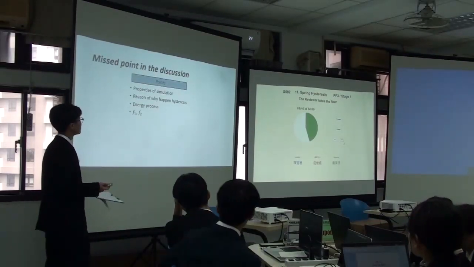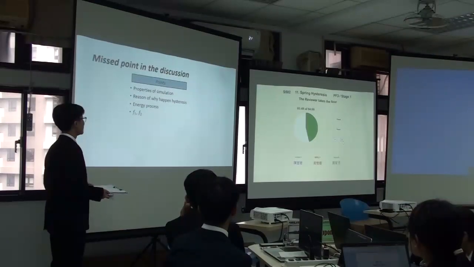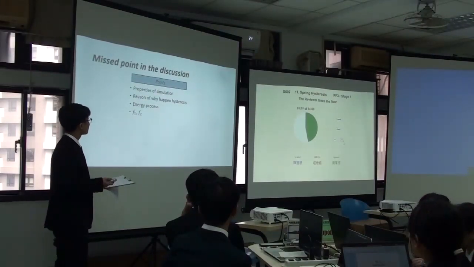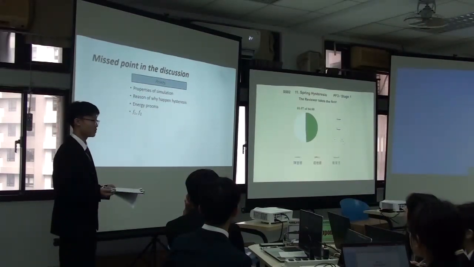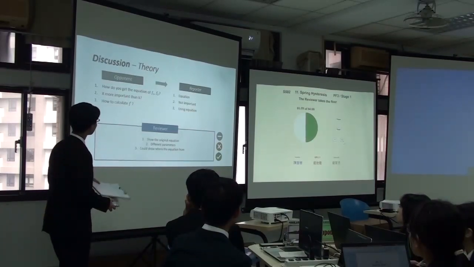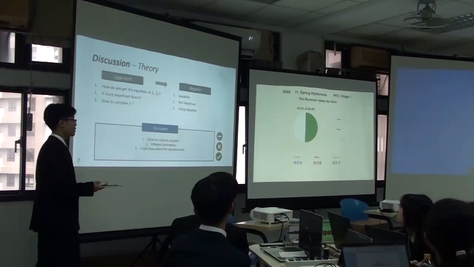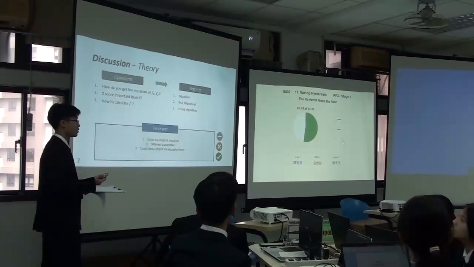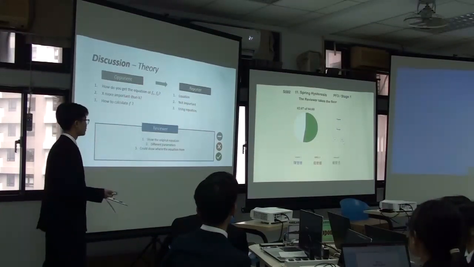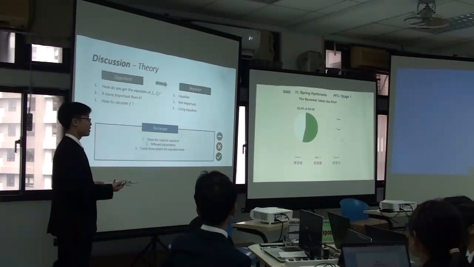About the missed point in the discussion, I think that you should discuss the properties of the simulation and the reason why hysteresis happened in the energy process and F1, F2. In the discussion, the opponent asked the reporter how he got the equation of F1, F2. He said he used simulation, and I think he can show the original equation to show how he simulated it.